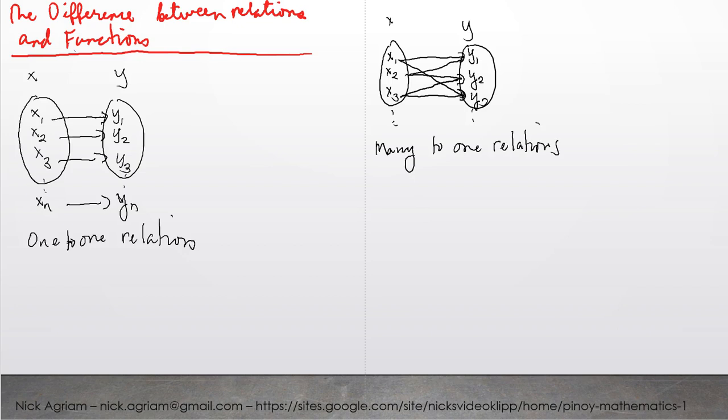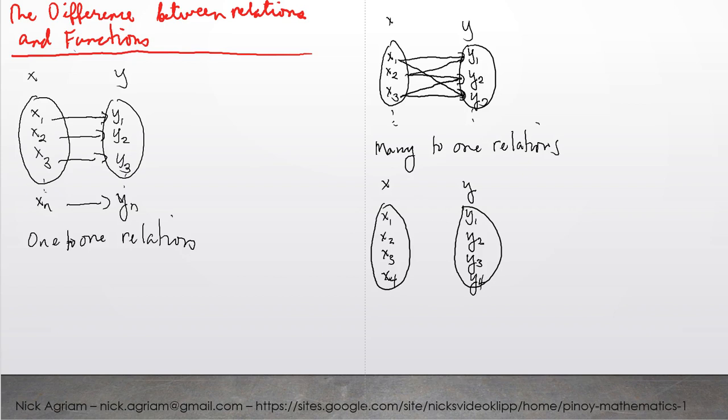The last one is, we have x, and then we have y. If we have x sub 1, x sub 2, x sub 3, x sub 4, we'll say, and then we have y sub 1, y sub 2, y sub 3, y sub 4.